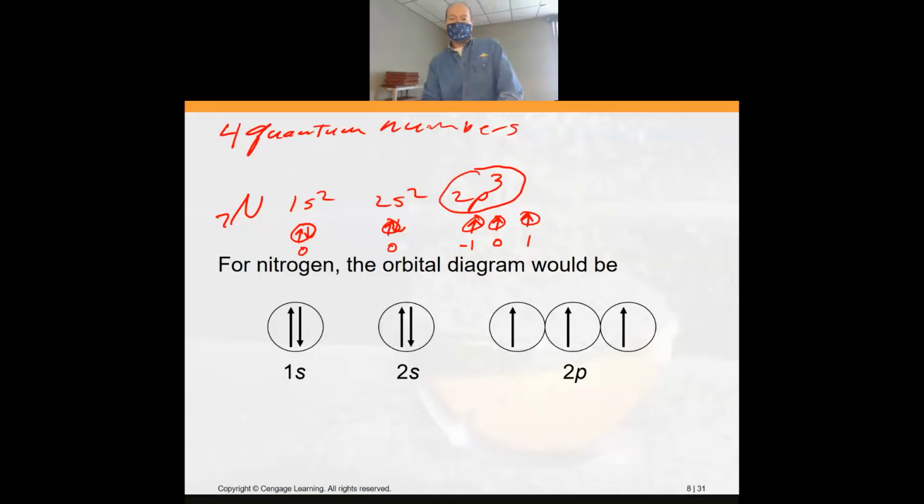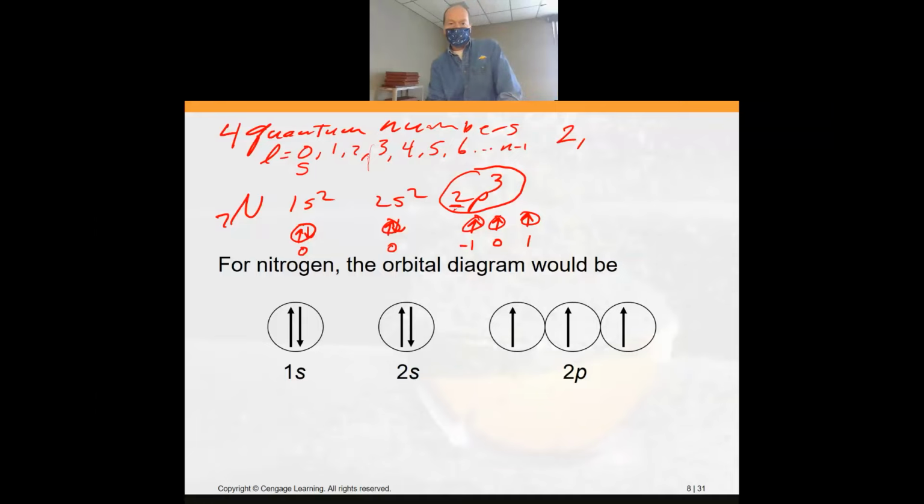The first quantum number is just the number, that is 2. That's always your energy level. That is the principal quantum number. The second quantum number is L, and it is either 0, 1, 2, 3, 4, 5, 6, up to n minus 1. If L is equal to 0, you have an s subshell.